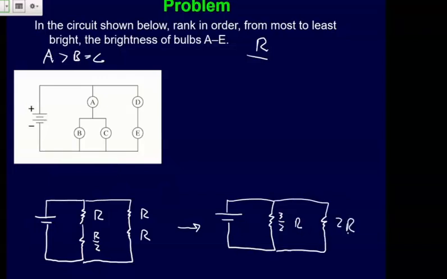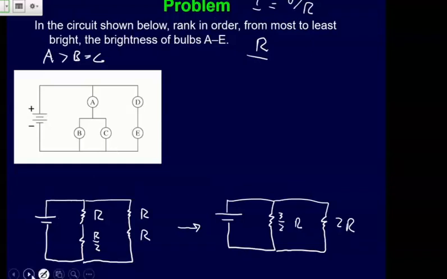So now you can start thinking about the current going through those two legs. The equivalent resistance of each is 3/2 R and 2R, and so what you can do is determine the current.